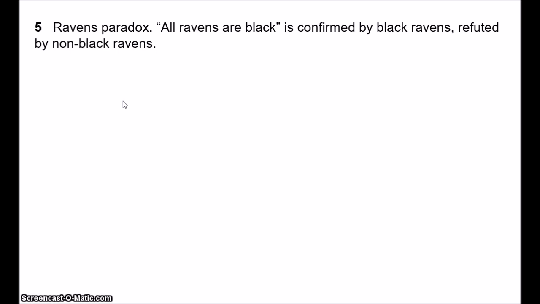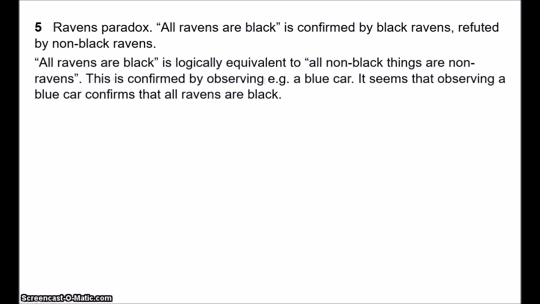Pretty simple. Now the problem is that all ravens are black is logically equivalent to all non-black things are non-ravens. This is by a logical rule known as contraposition, and it's intuitively obvious. If you imagine the set of all black things, to say that all ravens are black is to say that all ravens are included in that set.